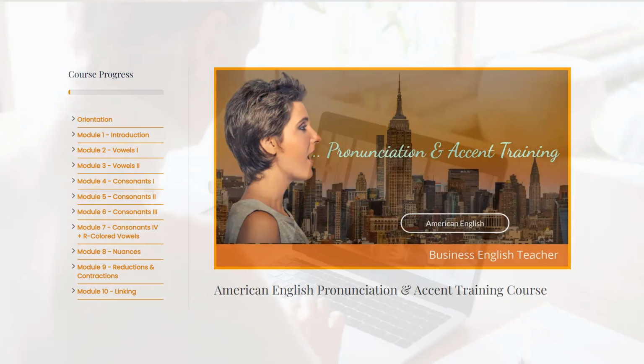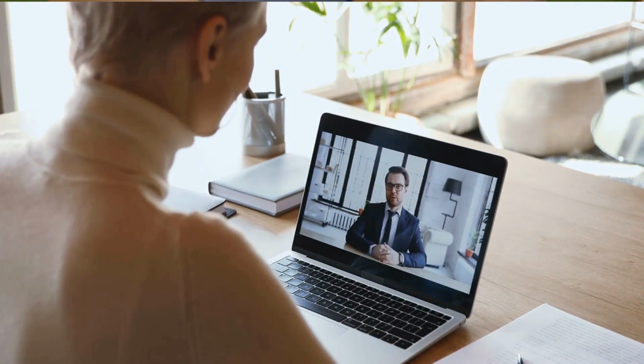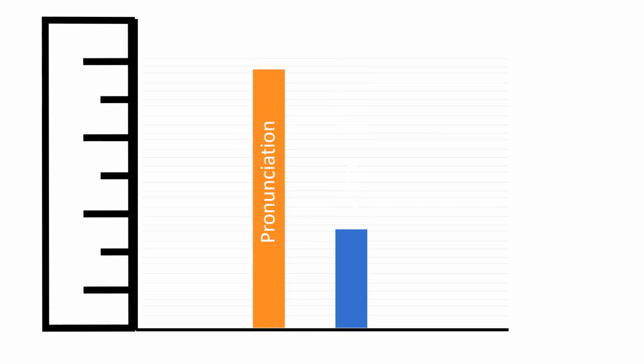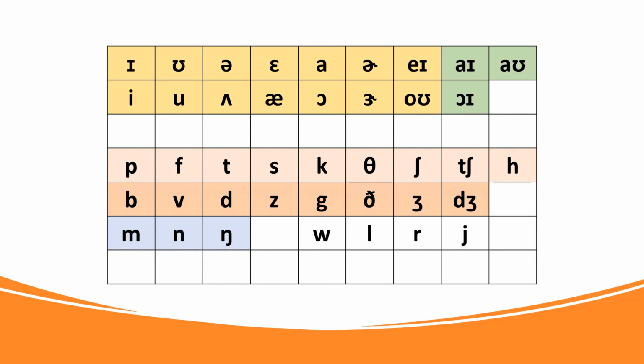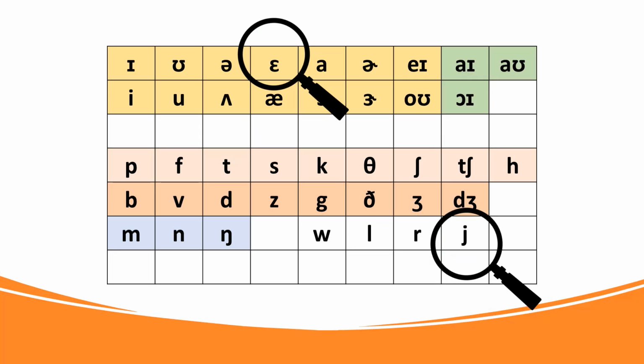Well, let's talk about the solutions. The course I've created addresses these problems in a practical way by teaching you step by step how to improve your pronunciation and reduce your native accent. The first step in grasping the American accent is to go over all the sounds, all the vowels and all the consonants, and identify what sounds are tricky for you.